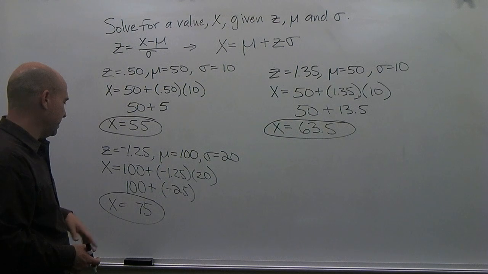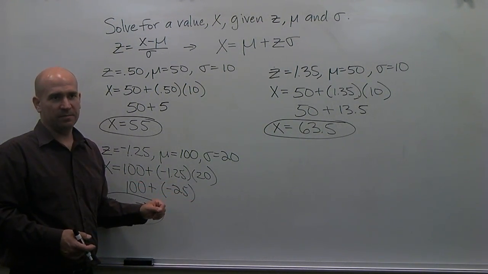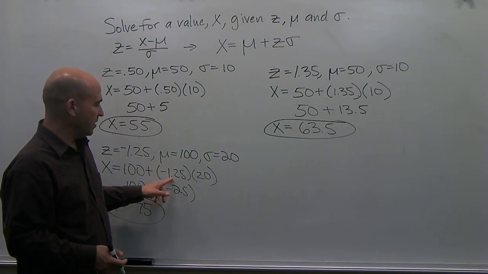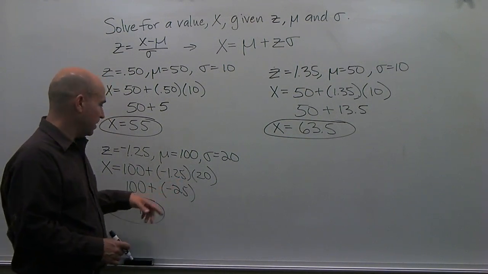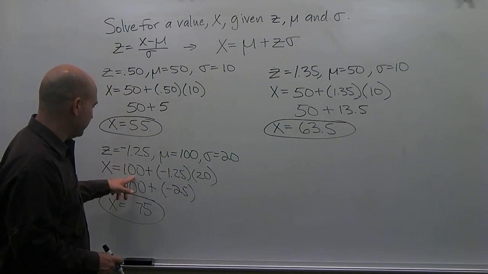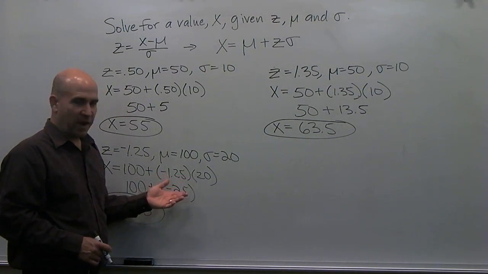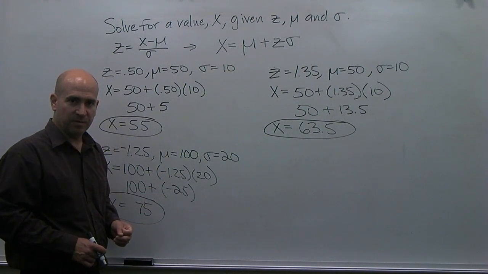We could do that again here, although it's a little more complicated because the numbers aren't quite as clean and easy to do in our head. But if I have a score that's 1.25 standard deviations below the mean, and my mean is 100, let's round it to 1 for a minute just to make it simpler. Let's say it was 1 standard deviation below the mean.